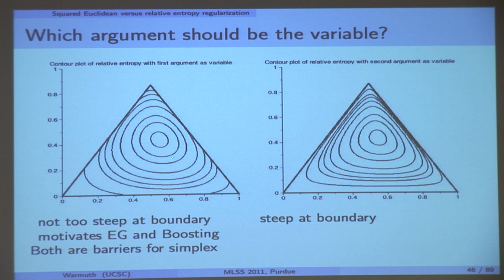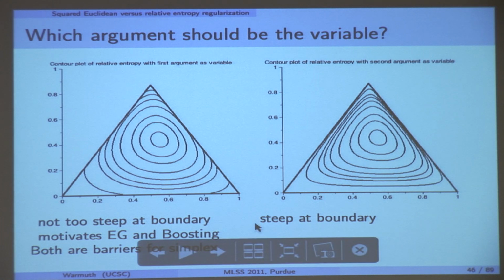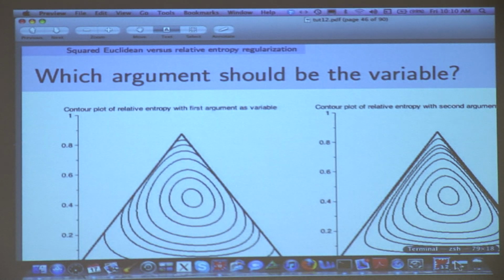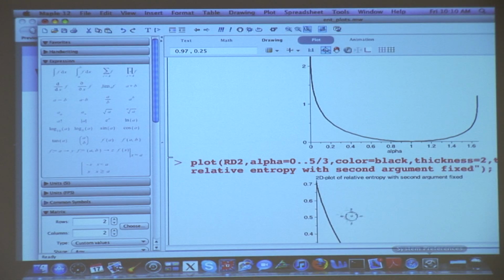And it has nice sort of plots. If you cut across here, I'll show you some cross cuts in a moment. And this one is fundamentally different. If you take the second argument as the variable, it's extremely steep at the boundary. Let me cut across this and do a two-dimensional plot. I think I have one up. Didn't have time to load this.